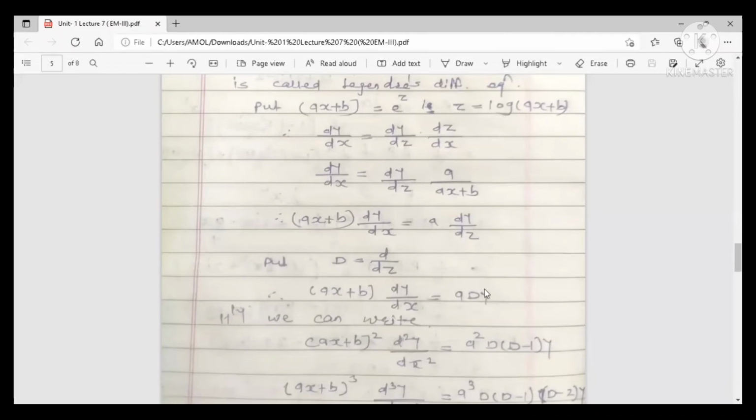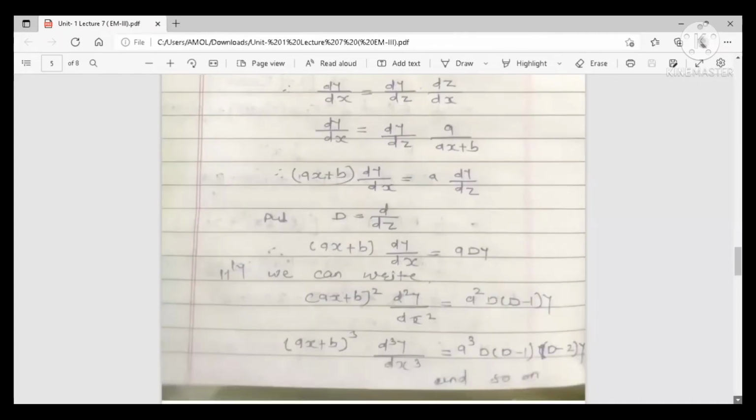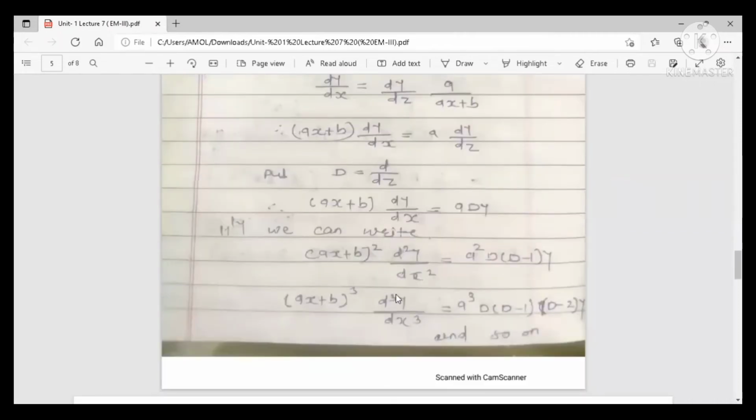And how to replace the derivative terms? (ax plus b) into dy by dx is equal to a into Dy. (ax plus b) whole square into d2y by dx square is equal to a square into D into D minus 1 into y. Next, (ax plus b) whole cube into d cube y by dx cube is equal to a cube into D into D minus 1 into D minus 2 into y, and so on.